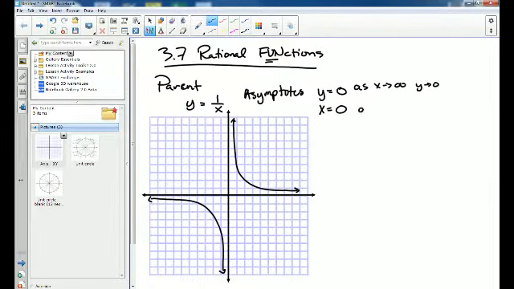The asymptote is like what the function is working towards as the end result, right? Yes, the end behavior. You're looking at end behavior here. So x equals 0 is that one.